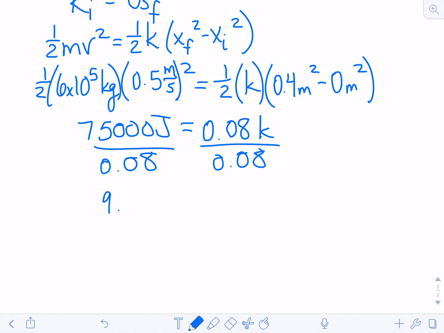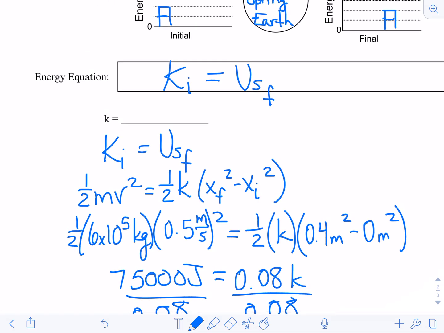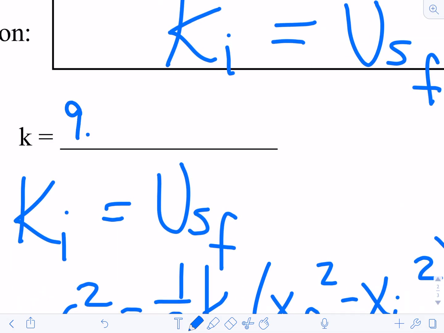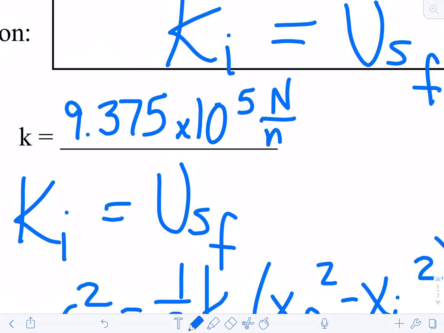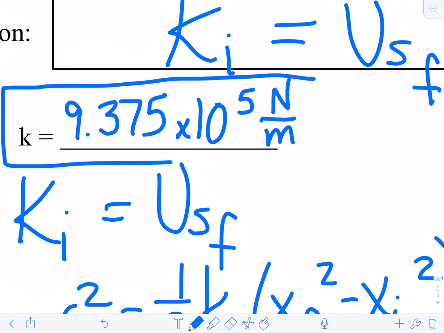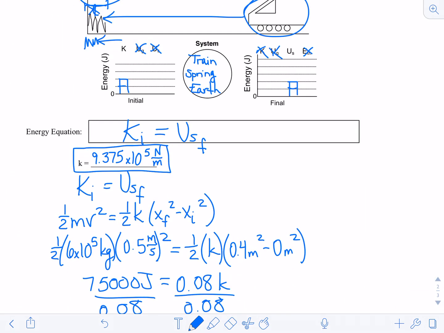It is 9.375 times 10 to the 5th. And the unit here would be newtons per meter. That is the unit for the spring constant. So that's our answer: 9.375 times 10 to the 5th newtons per meter. There we go. Easy peasy, lemon squeezy.